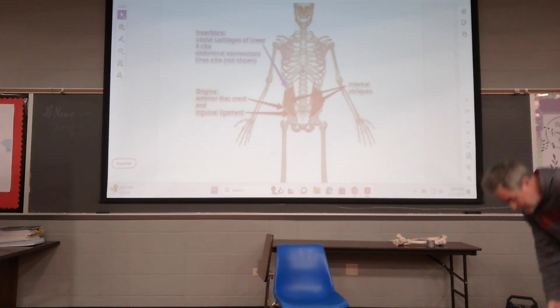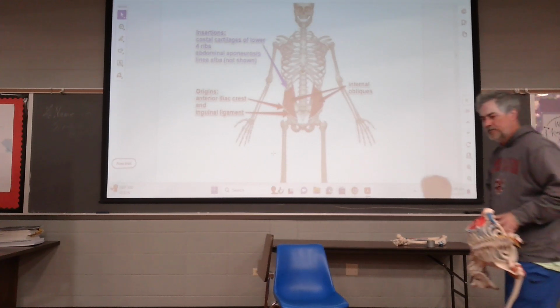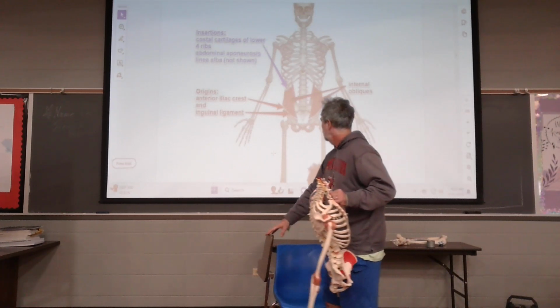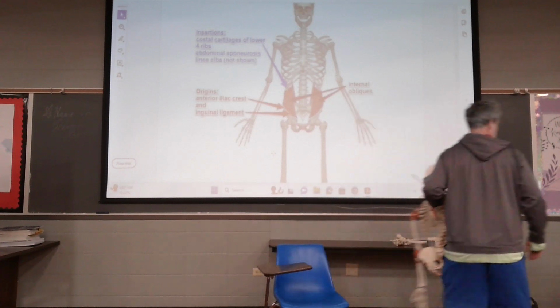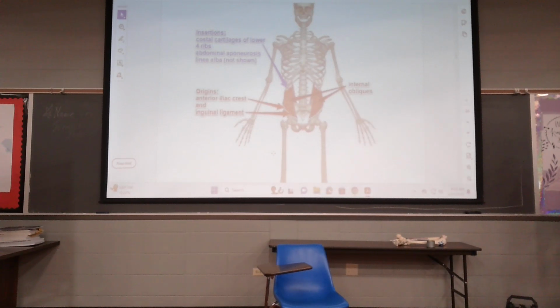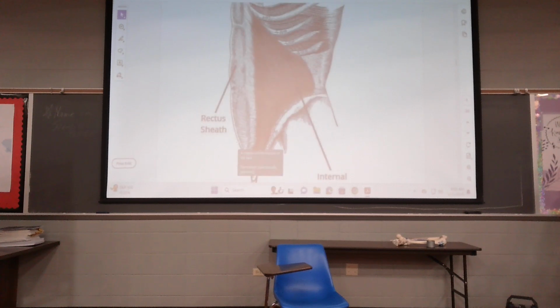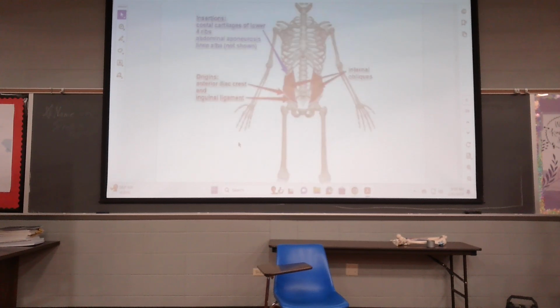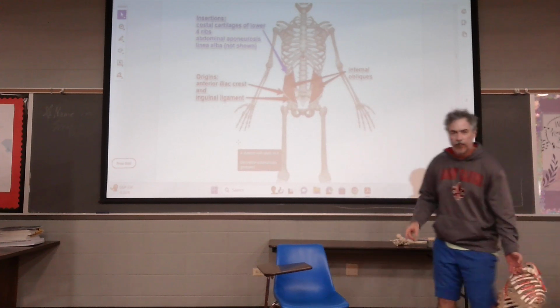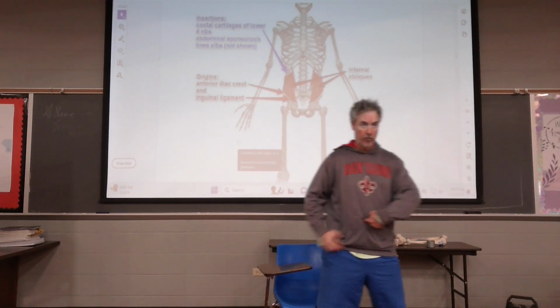Here's the fun part. This is where I get paid the small bucks. Let's look at how this muscle runs from a different view. Because remember, guys, muscles pull a lot of times in three dimensions, but sometimes you only get a two-dimensional picture of a three-dimensional concept. So we should be able to easily see from this picture the frontal pulls of the internal obliques.